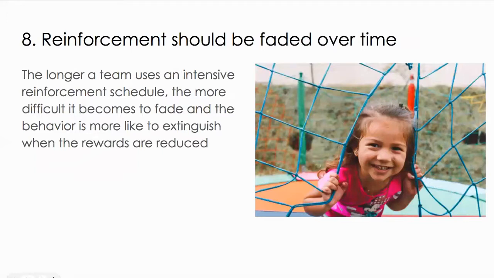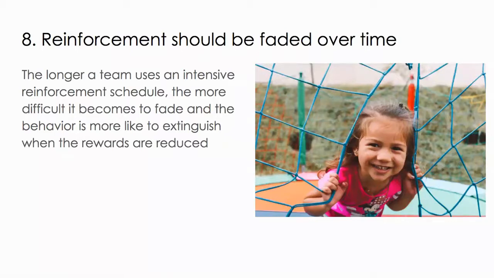Number 8, reinforcement should be faded over time. So the longer a team uses an intensive reinforcement schedule, like let's just say a student gets reinforced every hour, the more difficult it becomes to fade, and the behavior is more likely to extinguish when the rewards are reduced. So in the back of our minds, we're not going to just pull the plug quickly or overnight, but just think this is something that you want to kind of fade and kind of thin over time.